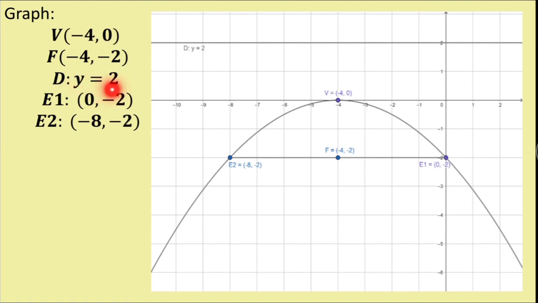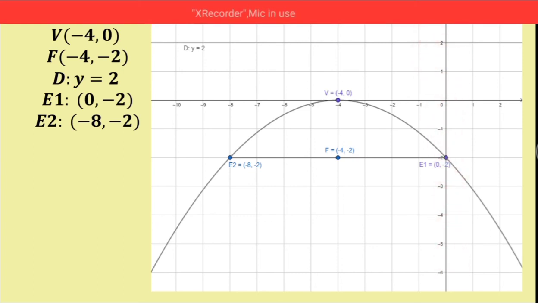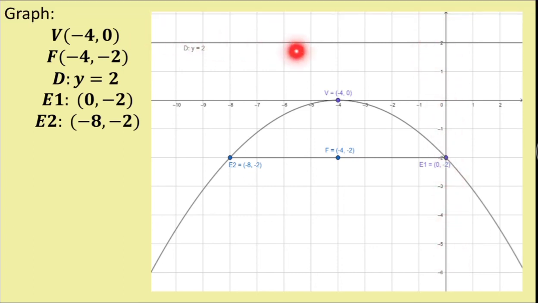Directrix is at y equals 2. So on the y-axis is +2. So we have the directrix here. Now we have endpoint 1 at (0, -2), and endpoint 2 at (-8, -2). So sketch the graph from vertex passing through endpoint 2 and endpoint 1. So we have a graph opening downwards.